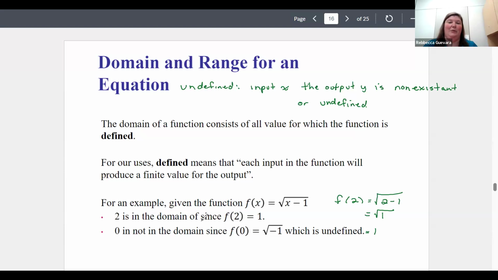So if something came out, it was defined. In that other case, let's say we put in 0. So f of 0 would give me the square root of 0 minus 1, which is the square root of negative 1. And if you remember, you cannot do square roots of negative numbers. This makes this one undefined.